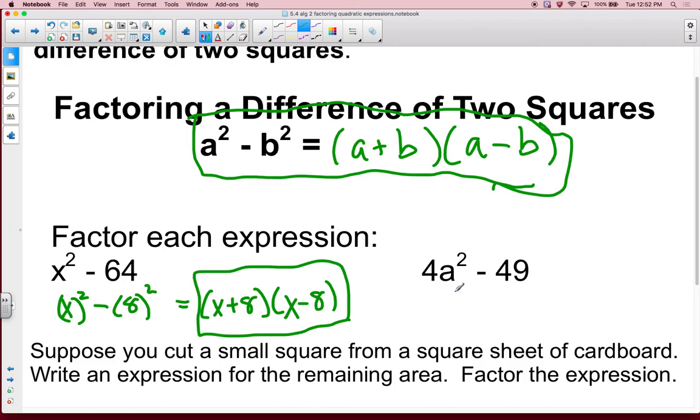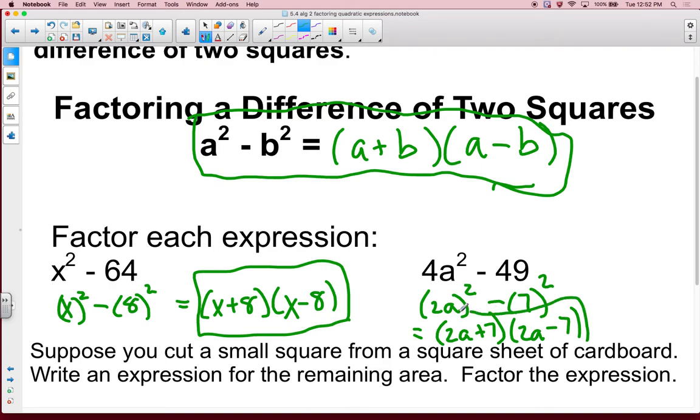This one here, we can write as 2a squared minus 7 squared, and that will factor to be 2a plus 7 times 2a minus 7, and that is factored.